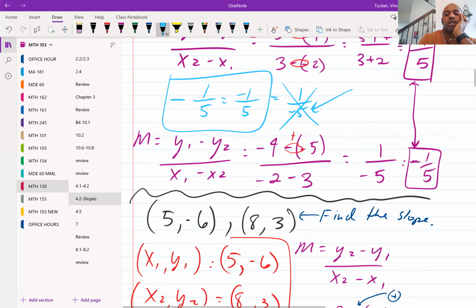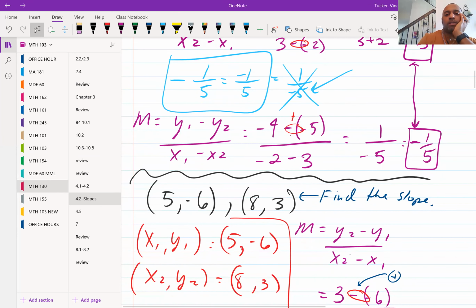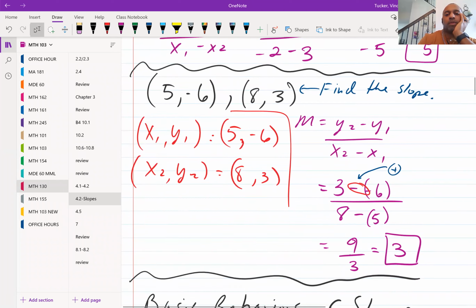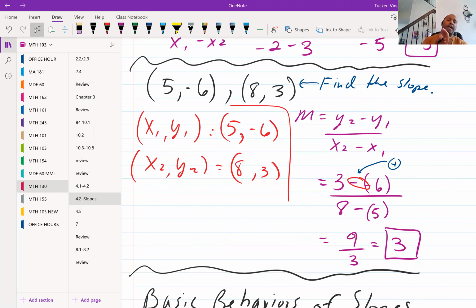All right. So let's try it again. Is everybody good? Find the slope, but they give us 5, -6, and 8, 3. Once again, you want to label your points. I call the first one I see point 1, so that's x1, y1. Second one, point 2, x2, y2.